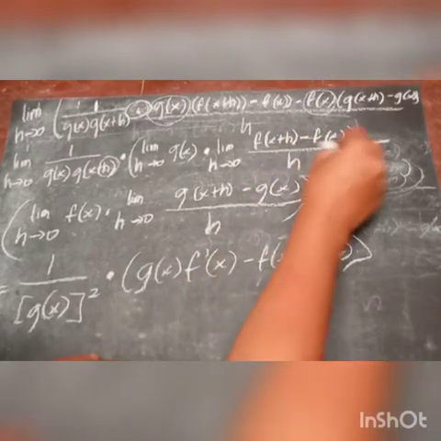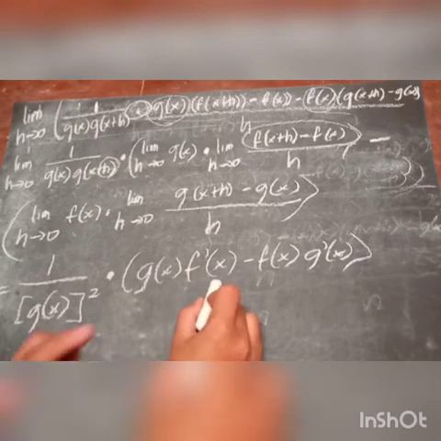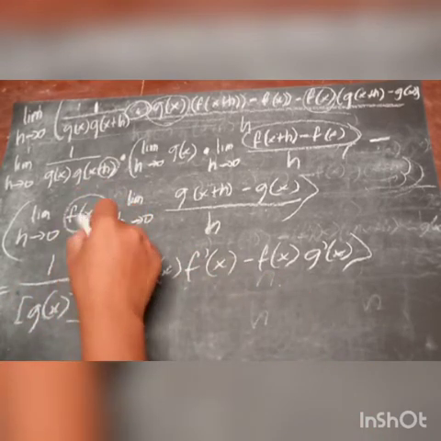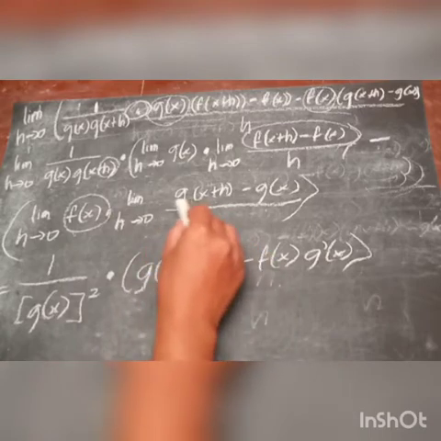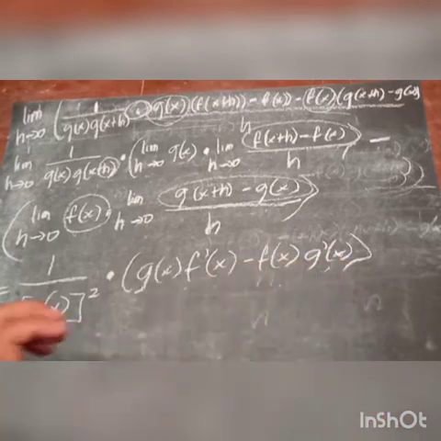Here we come up with f prime of x because that is just the definition, and g prime of x because that is also the definition.